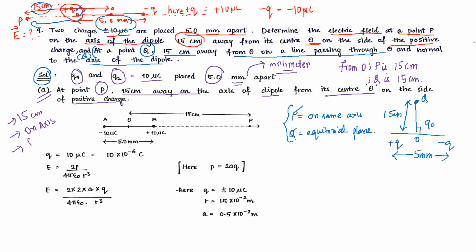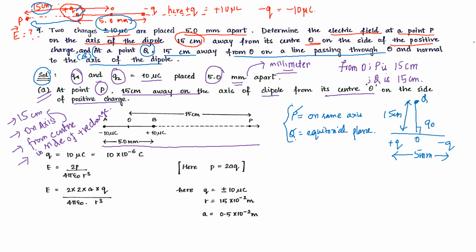Third, from the center. The last one is on the side of positive charge. Okay, these are the conditions we have to take into account while making a diagrammatic representation of the question.